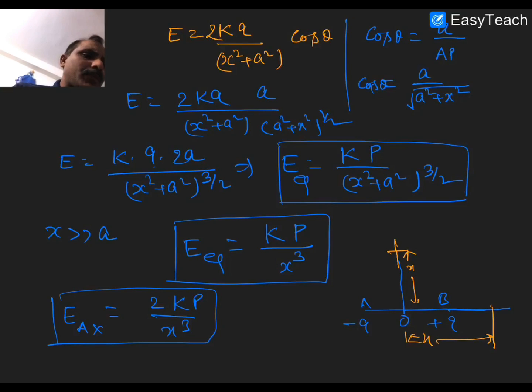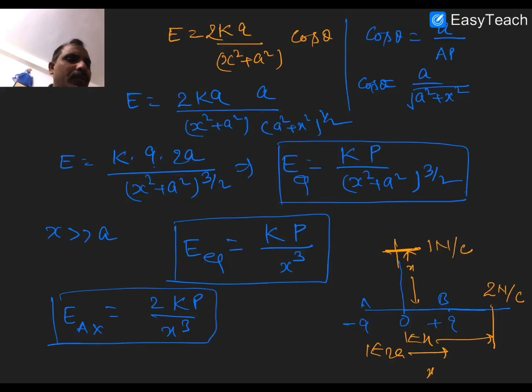At this point the electric field is, suppose, 2 Newton per coulomb. Then the electric field at the other point is 1 Newton per coulomb. But the condition is that x is greater than a.